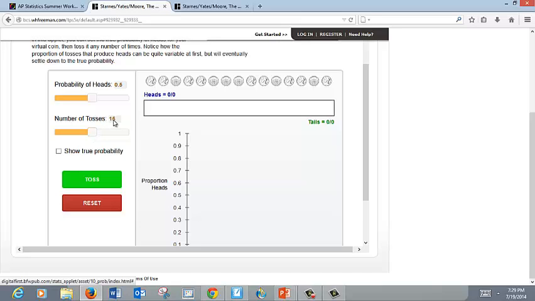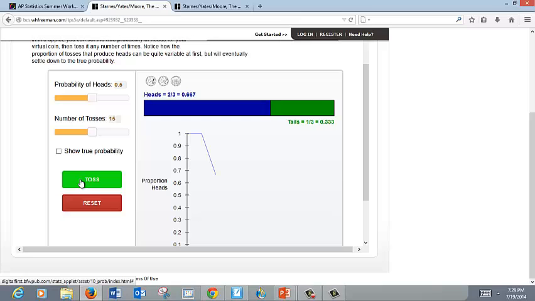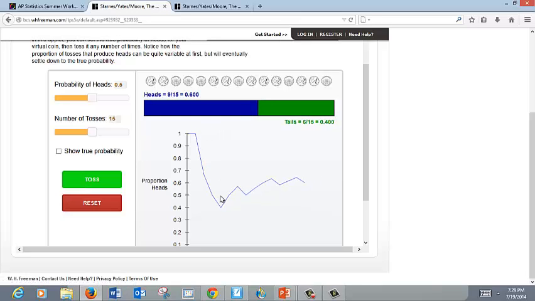And we're going to toss it 15 times. So I'm going to push toss here. So notice I got heads a couple times first, and then tails, and I ended up with 9 heads out of 15 and 6 tails out of 15.